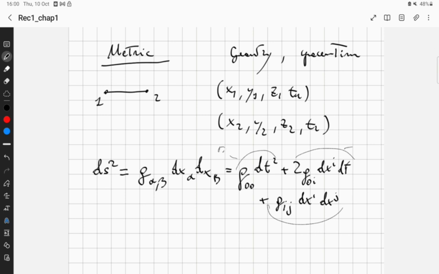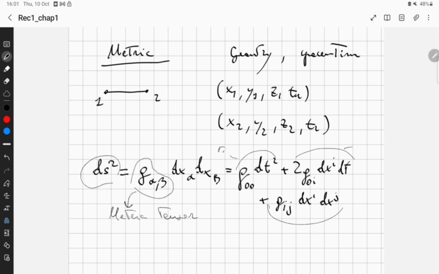This here, g alpha beta, is the component of the so-called metric tensor, which is the one that describes the geometry of space-time.